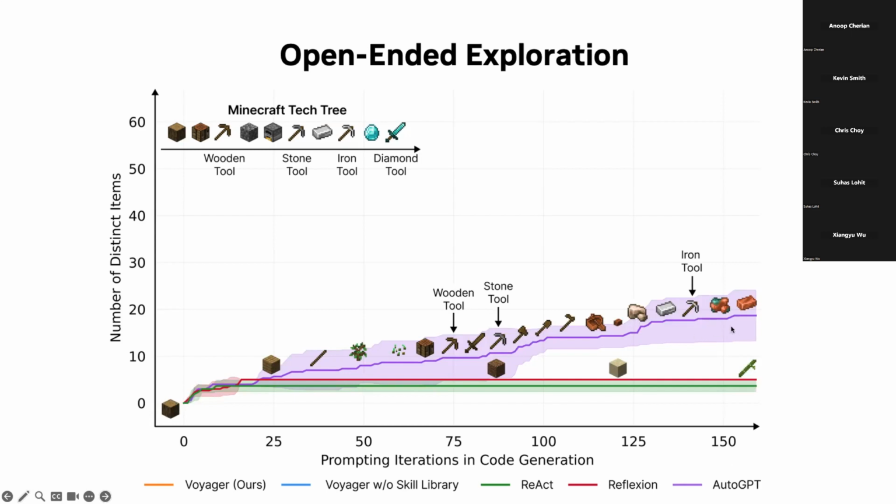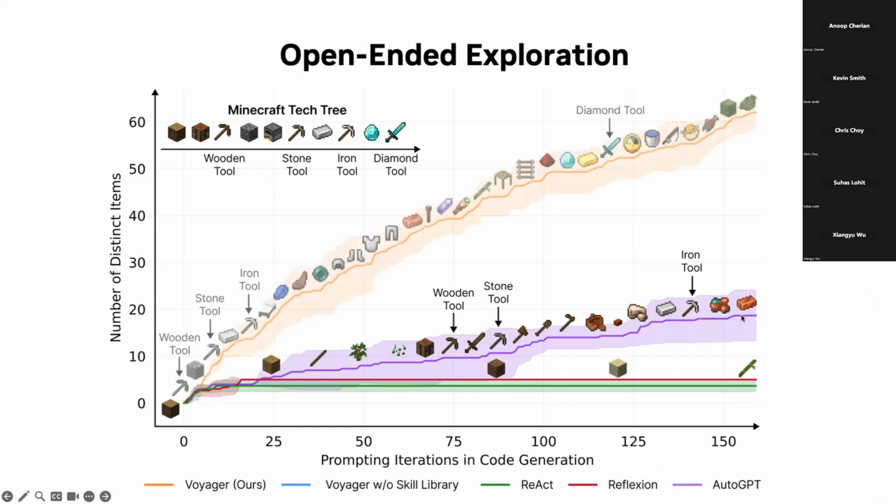As you can see, it achieved iron tools, but hasn't reached any more advanced items. And finally, this is Voyager. We are able to obtain 3 times more novel items than the prior methods. And it unlocks the whole new tech tree significantly faster, from wooden to stone to iron to diamond pretty fast.